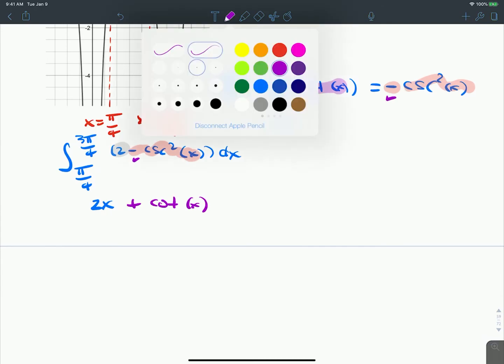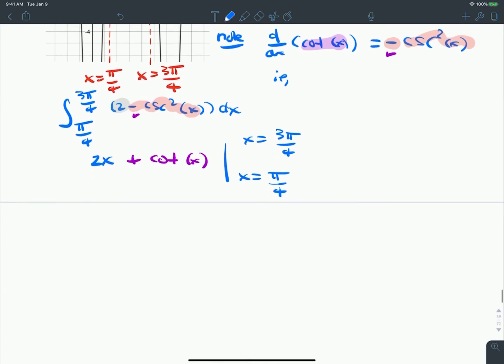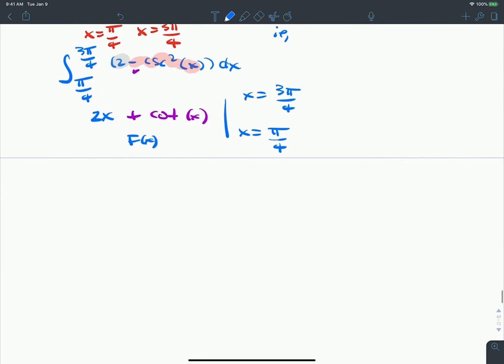Okay. Evaluate from x is pi over 4 to x is 3 pi over 4. So here's my antiderivative function. We're going to plug those values in. So we're going to find f of 3 pi over 4 minus f of pi over 4.